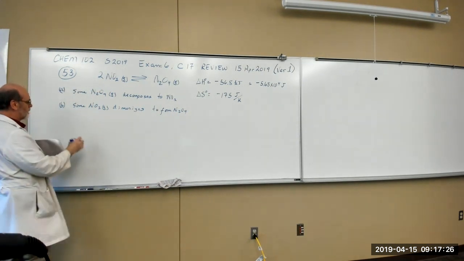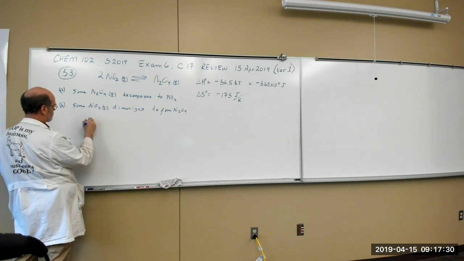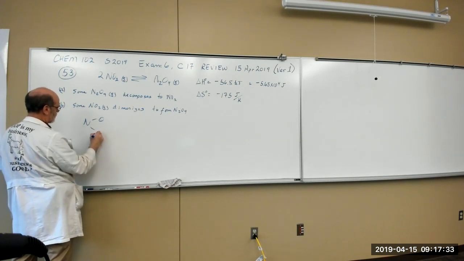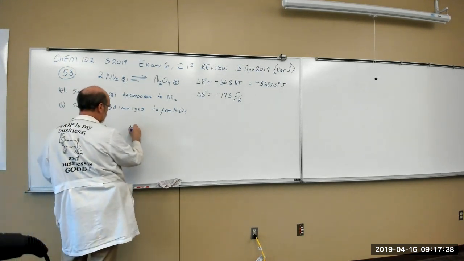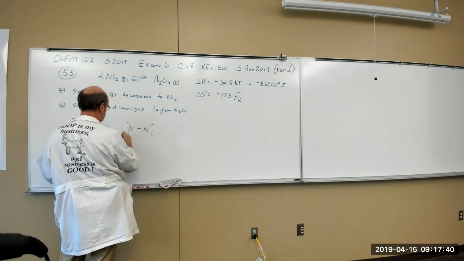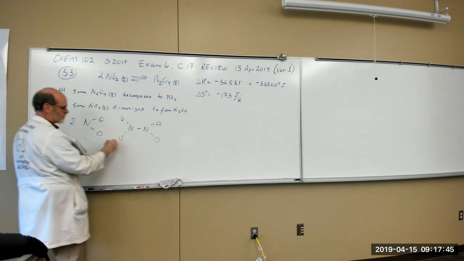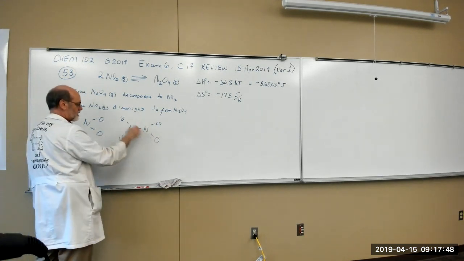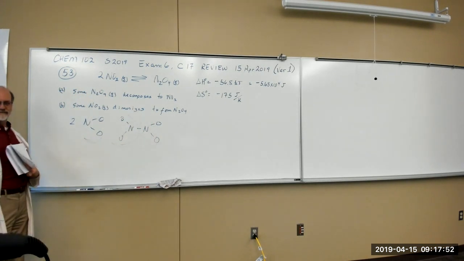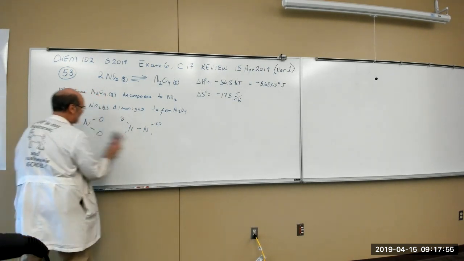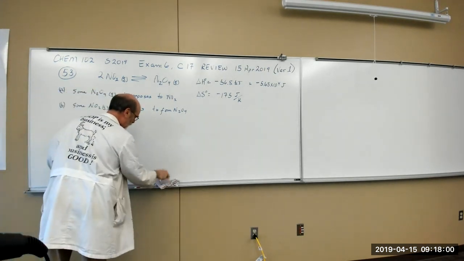It dimerizes because you get two of these together and they hook together like this. So here's our monomer and here's our dimer, because you have this one here and this one here. That's all that means. It's just more blue smoke.